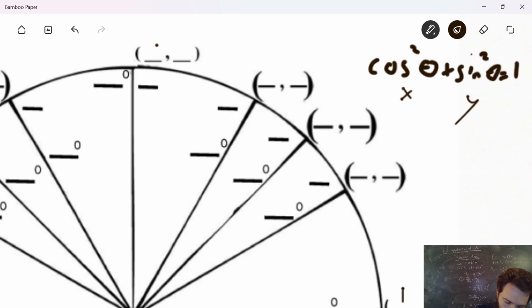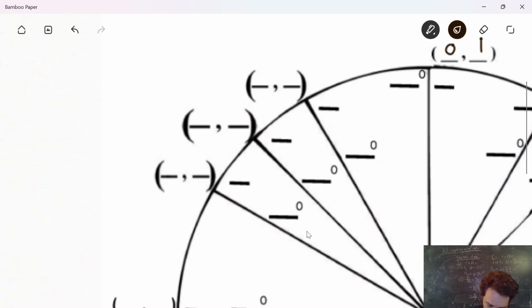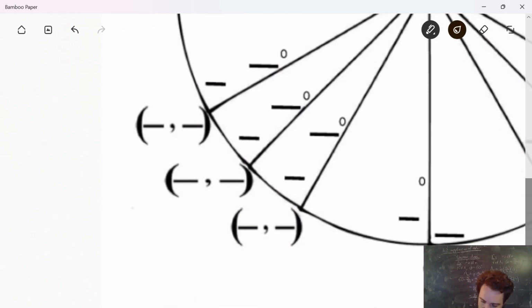A radius of 1 along the y-axis will take us to 0, comma, 1. I can then move to the left-hand side, and we can see that a radius of 1 along the negative x direction will take us to negative 1, comma 0, and a radius of 1 along the negative y direction will take us to 0, comma negative 1.